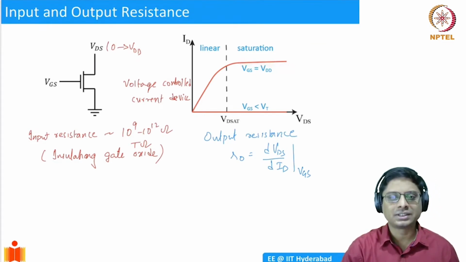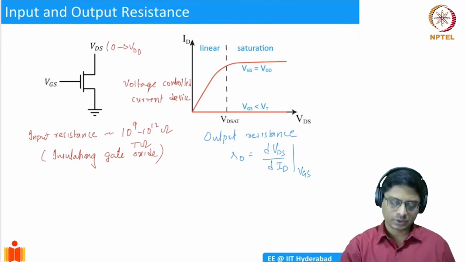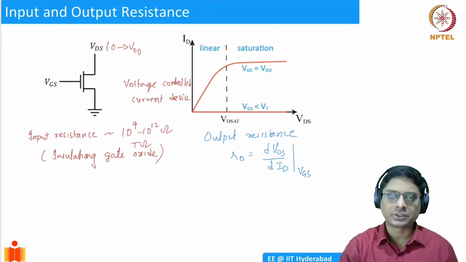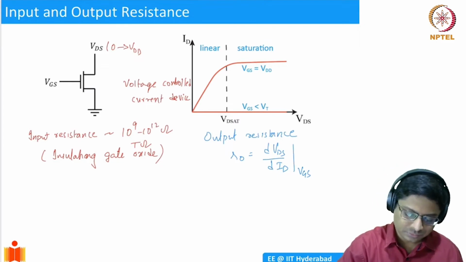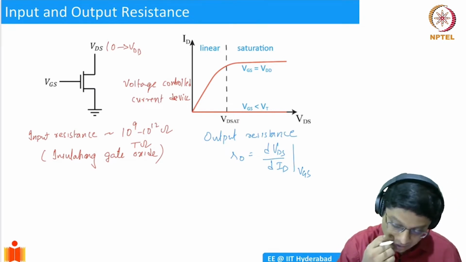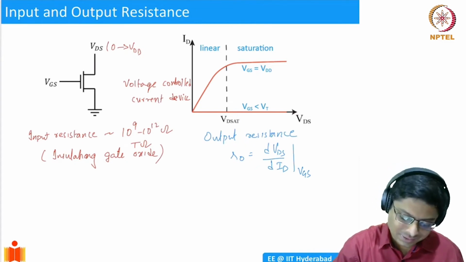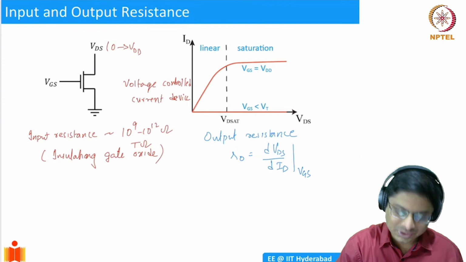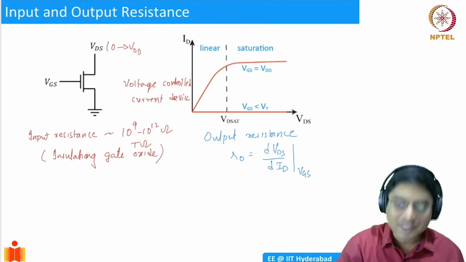So we can expect that the resistance is quite large. Sorry, yeah, it's actually high resistance, right? Because the current is changing by a very small amount for a large change in VDS, right? So it's like a current source.